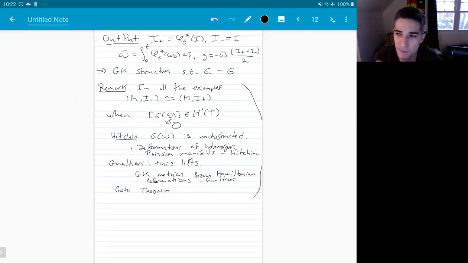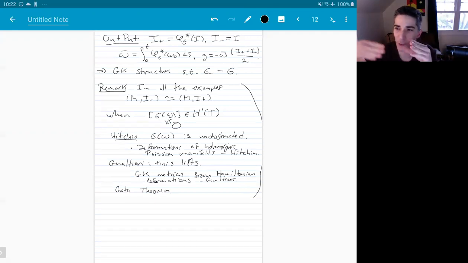So it has an overlap with Goto's result, but it also has a non-overlap, and the type of deformation considered is completely different. What he's doing initially is deforming a GC structure, and he's repairing the second one. What I'm doing is deforming a holomorphic Poisson structure and deforming the metric. It's very confusing because there are all these different levers.